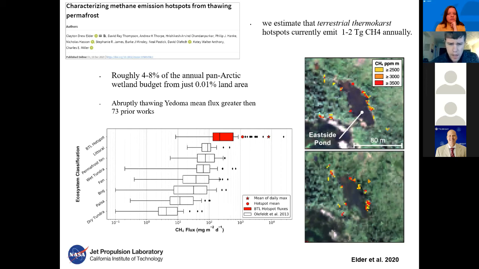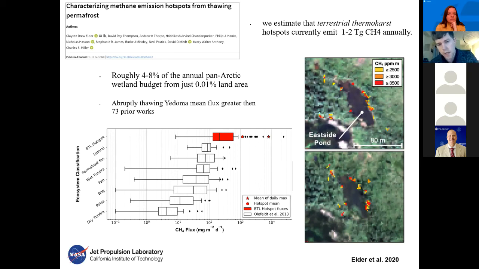And what we find is, especially over the Yedoma regime, where the carbon is, the most carbon and ice-rich Pleistocene deposits, we're finding that these fluxes during the winter are higher than 73 prior studies during the summer of similar littoral permafrost wetlands.